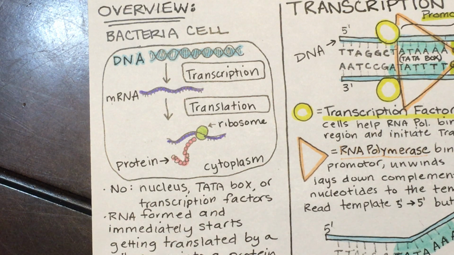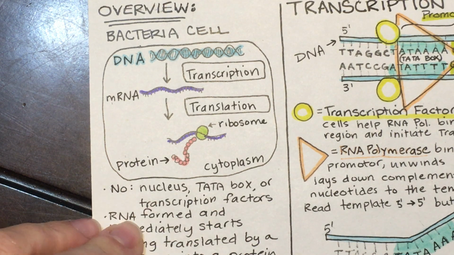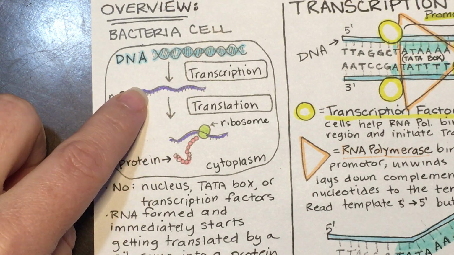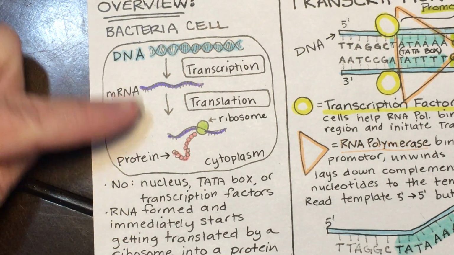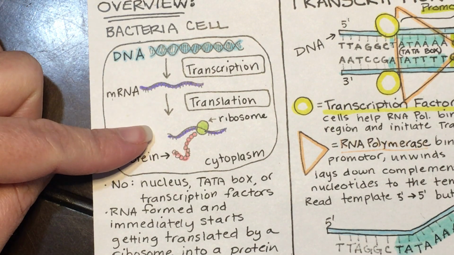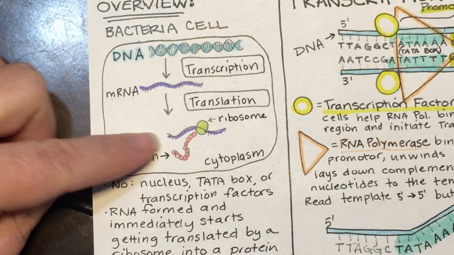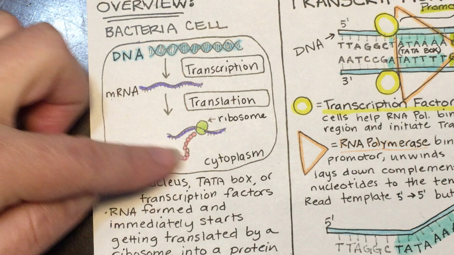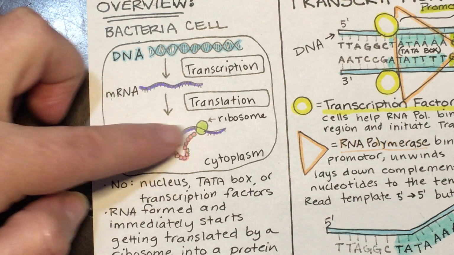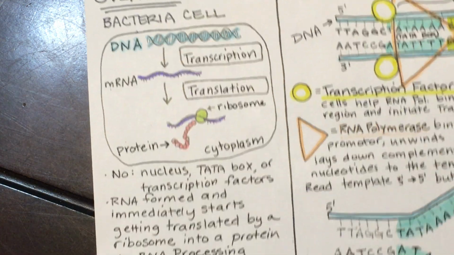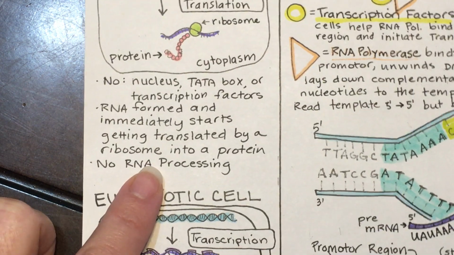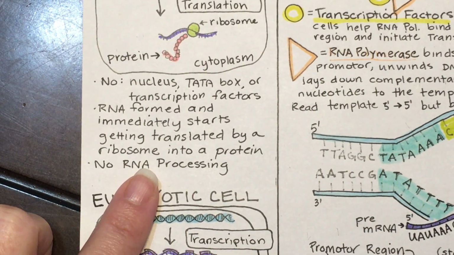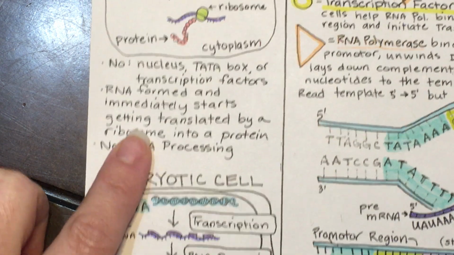It's just like, here's the promoter, start transcribing the gene, make the mRNA, make the protein. There's no barrier between these two processes since there's no nucleus, so it will immediately start getting translated by a ribosome into the protein. There's also no RNA processing, which you'll see is a new thing that we're going to talk about on the bottom part of this, probably new to all of you.